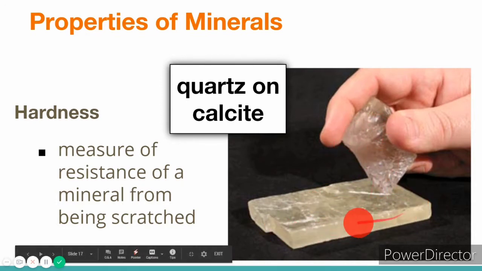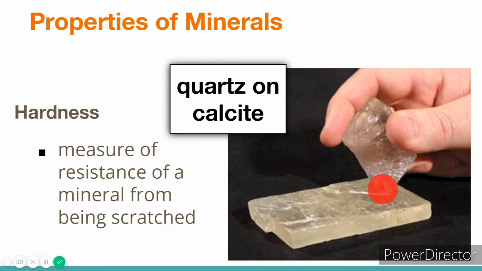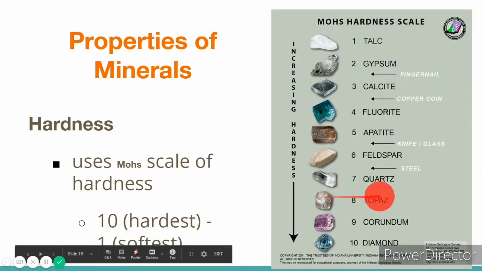Among the two, calcite was the one that got scratched. This means that quartz is harder than calcite. There's a way to measure hardness called the Mohs hardness scale. Here we use the number 10 as the hardest and 1 as the softest. The hardest material on this scale is diamond, and the softest is talc.